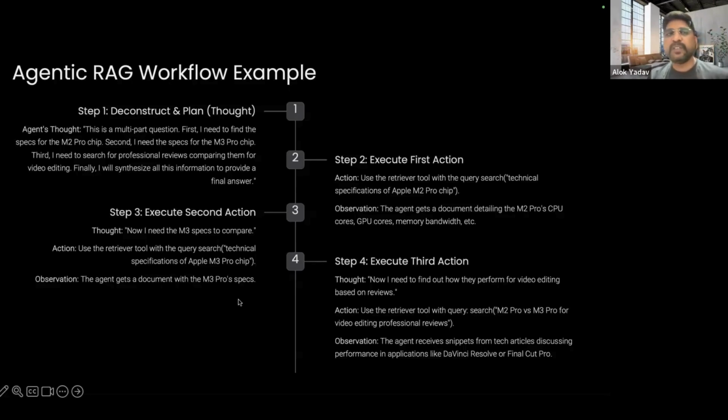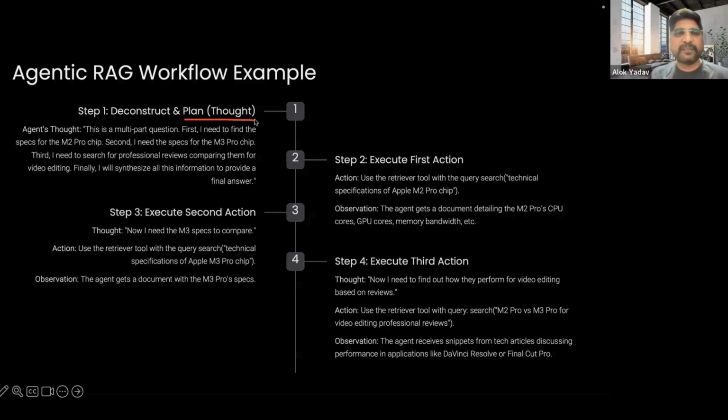Now in this example, we were comparing M2 specifications with M3 specifications for video editing reviews. The first thing this workflow does is break down the problem. First it will plan and identify the subtasks, which is the thought process here.